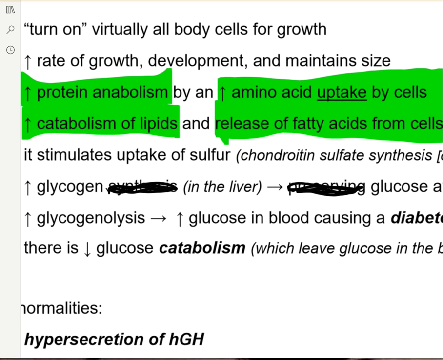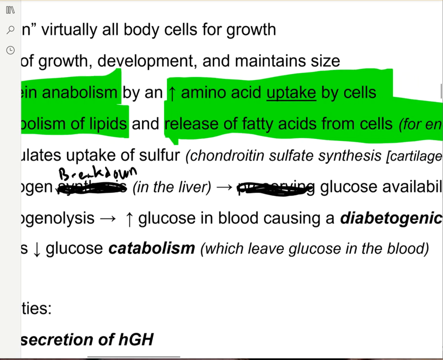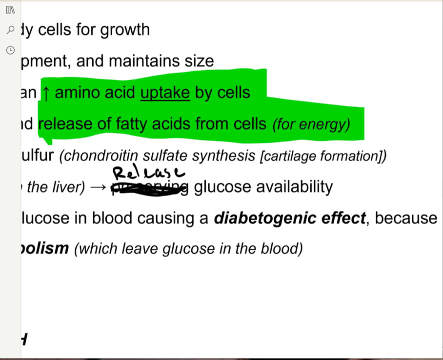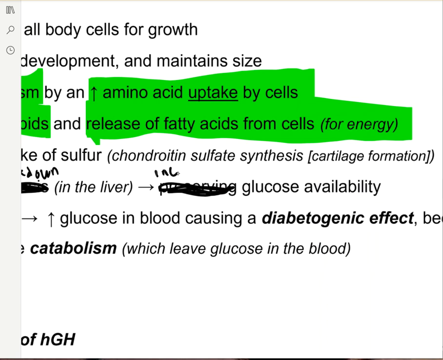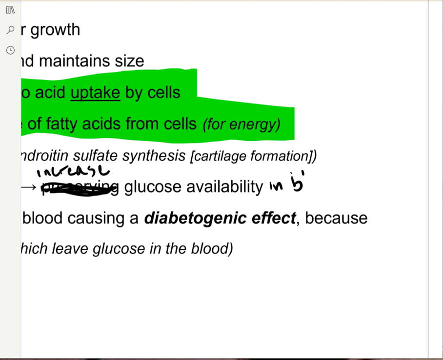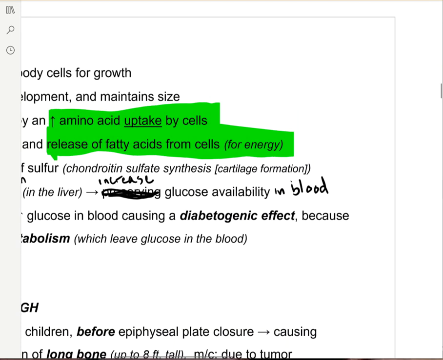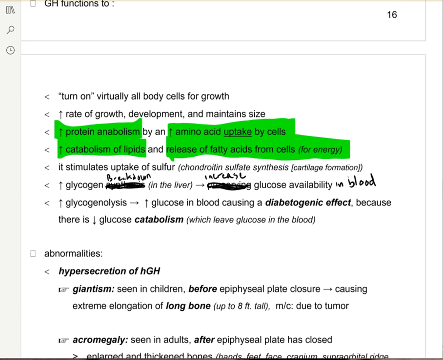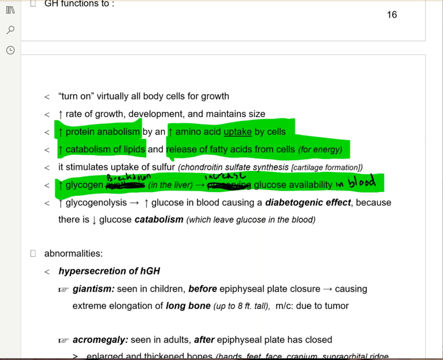It encourages glycogen breakdown in the liver, and this will then release glucose to make it available. Release glucose, or maybe we can even say it another way: increase glucose availability in the blood. Okay, so that's important. We want to take our stored glycogen, break it down, and increase glucose availability in the blood.